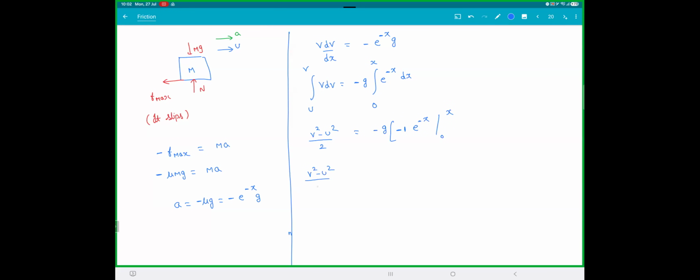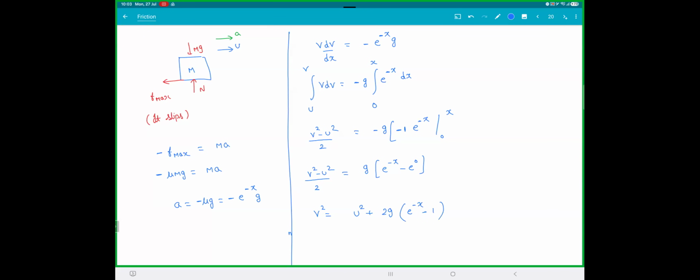So v square minus u square by 2 is equal to g into e power minus x minus e power 0. Putting 0 to infinity is easy, but what if they ask you to find the distance traveled when the speed becomes half? So this will be useful. So v square is u square plus 2g into e power minus x minus 1.